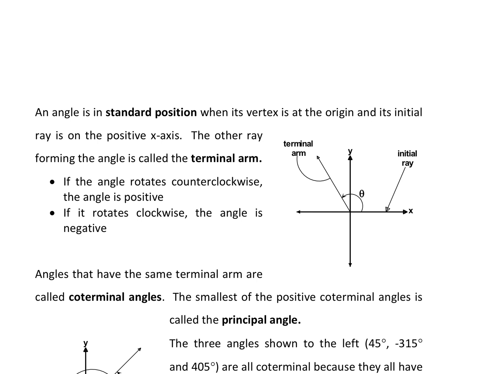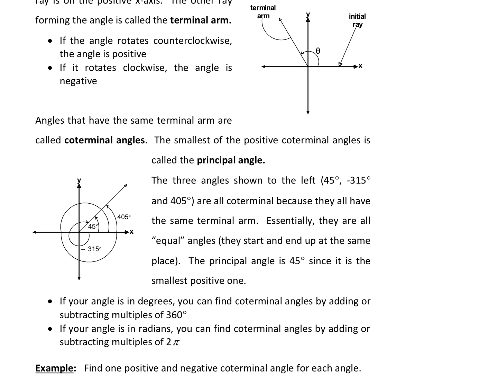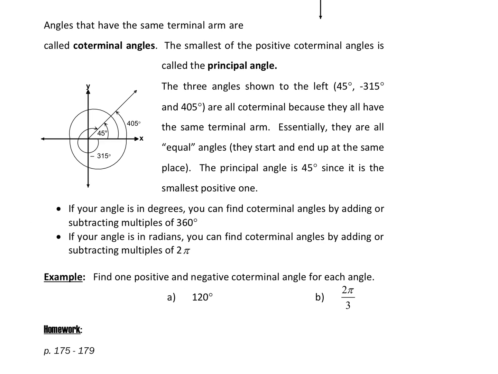If the angle rotates counterclockwise, it's positive. If it goes clockwise, it's negative. Angles that have the same terminal arm are called coterminal angles. And the smallest of the positive angles is called the principal angle.